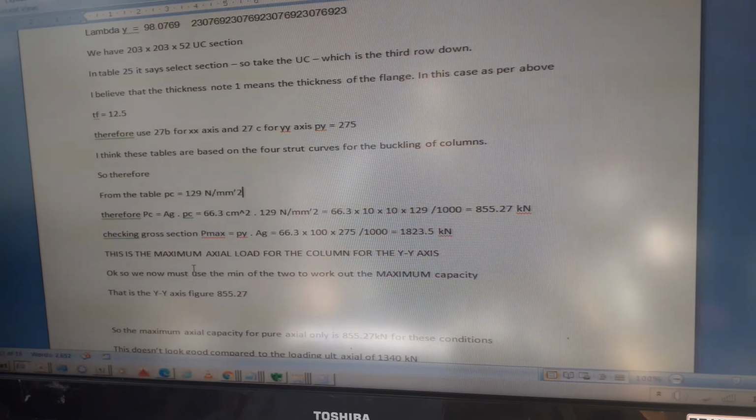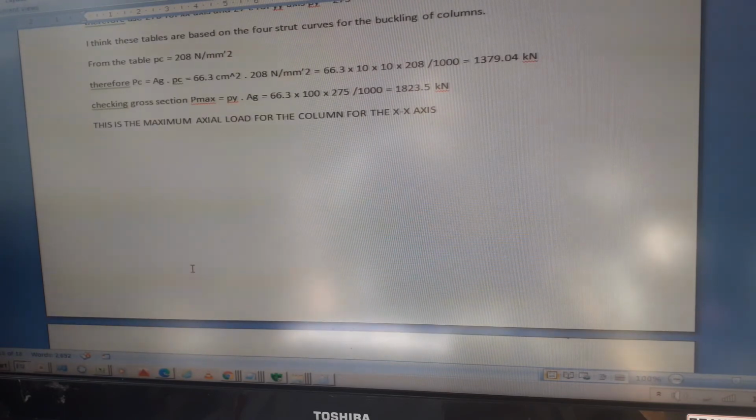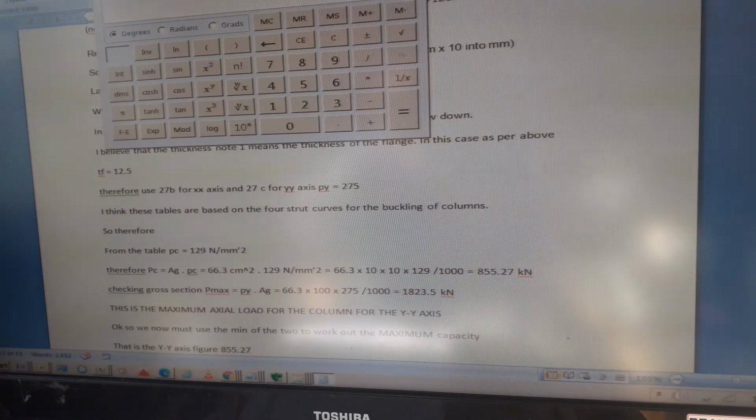So Y is quite a lot weaker. You can see from that calculation that Y is a lot weaker. It's not quite half, but it's almost, more like 5/8 probably. 855.27 divided by 1379, wasn't it? 62%.